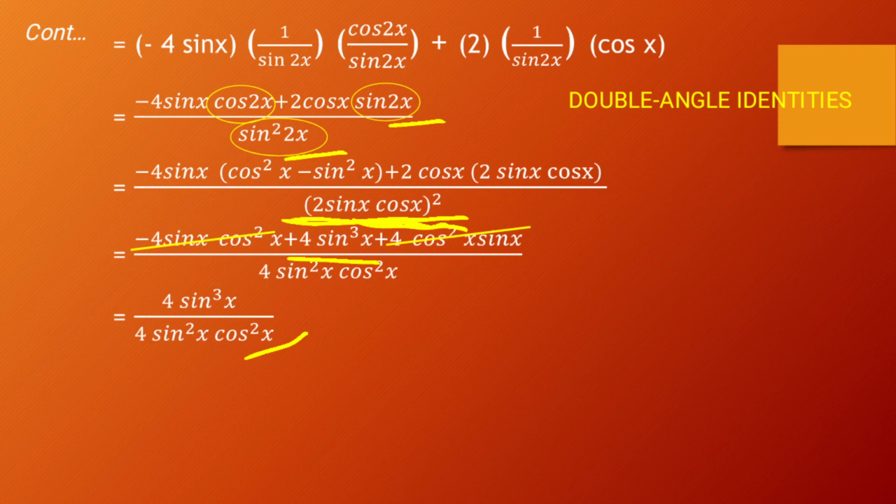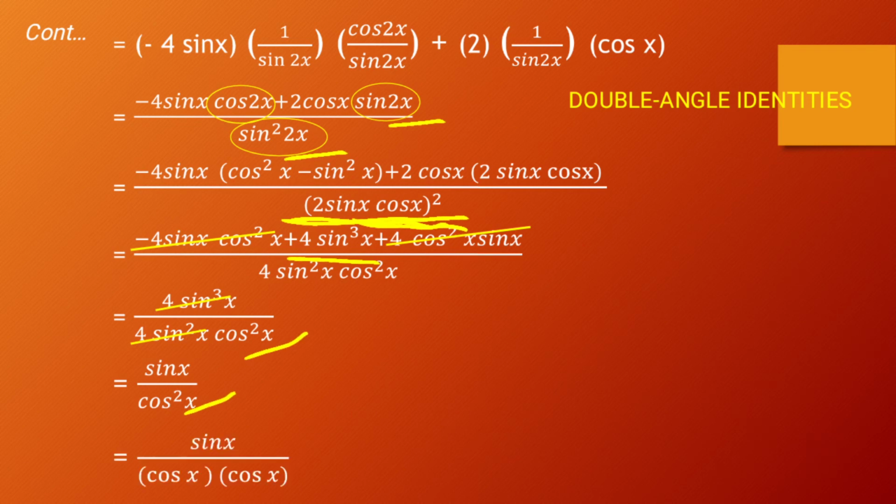And then we can cancel this. And we only have sine x over cosine squared x. We can set this apart, the cosine squared x. It will look like sine x over cosine x times 1 over cosine x.